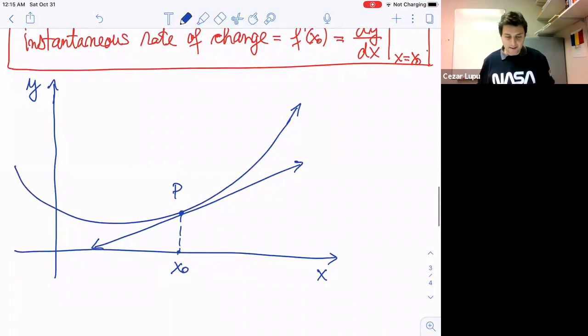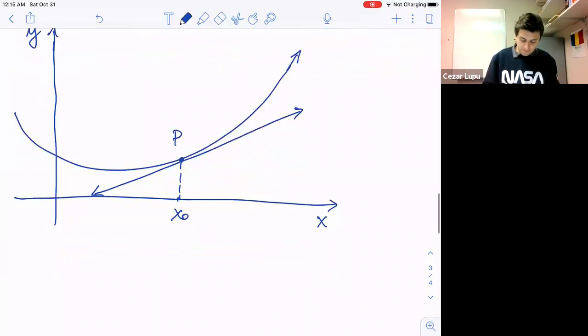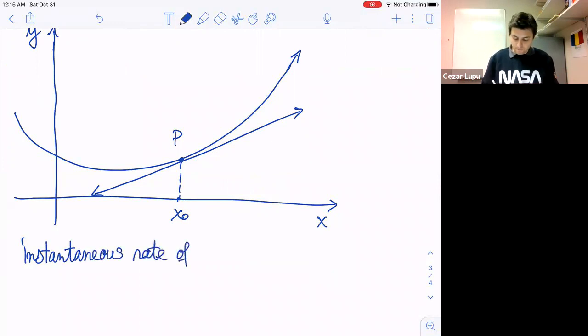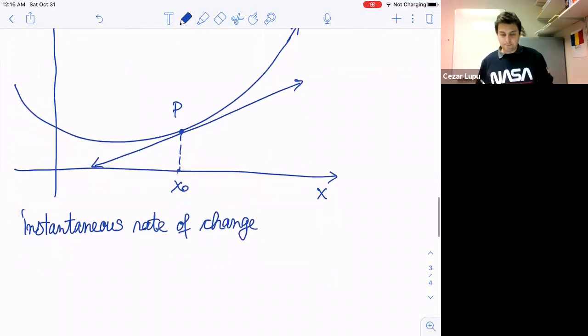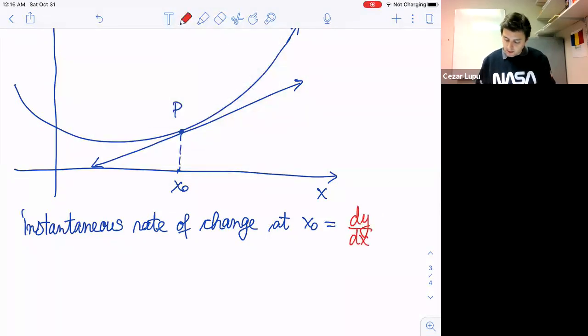So let's write this. So the instantaneous rate of change right at x naught will be nothing else than this guy here, like we said, dy over dx at the point x naught. So that's what it is.